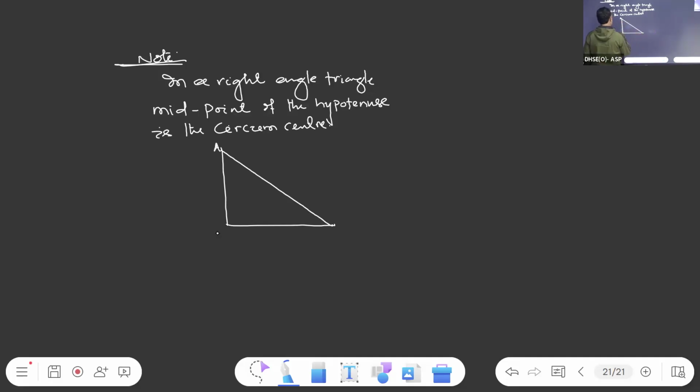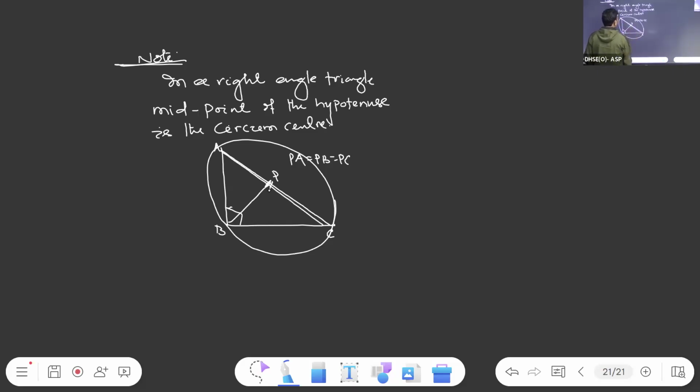This is A, this is B, this is C, and the midpoint P is called the circumcenter. PA is equal to PB is equal to PC, because the angle in a semicircle is a right angle, and this one will be the diameter of the circle, and the midpoint is the center of the circle.